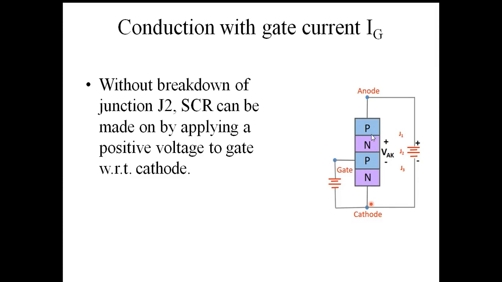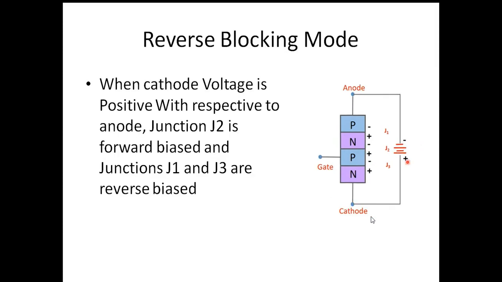Without breakdown of junction J2, the SCR can be turned on by applying a gate pulse. The instant at which we apply the gate pulse gives proper conduction of the SCR. So with this gate voltage, the SCR will conduct from anode to cathode.